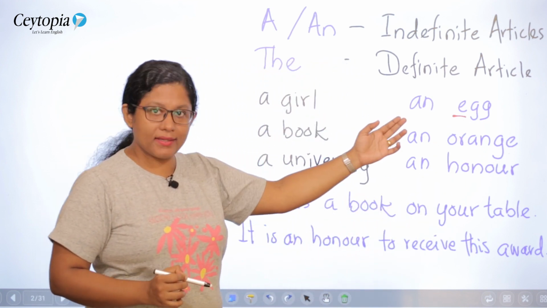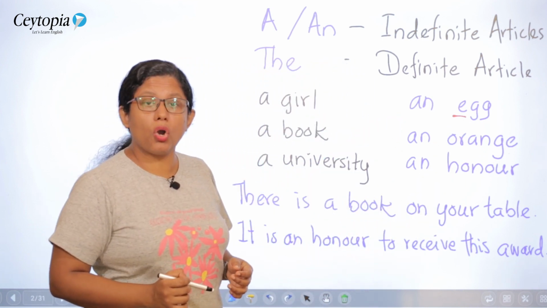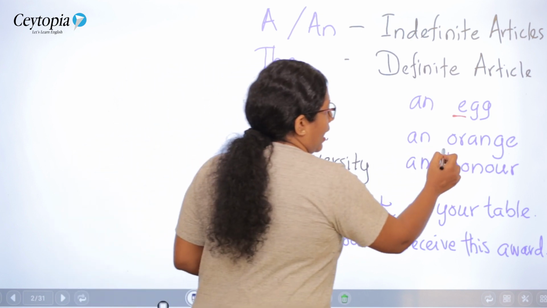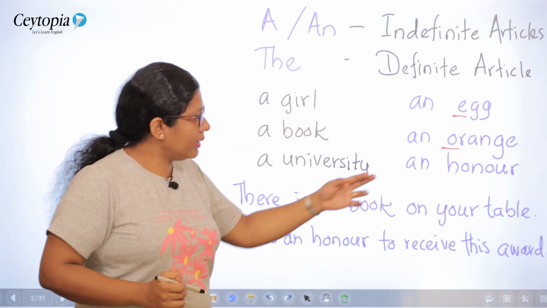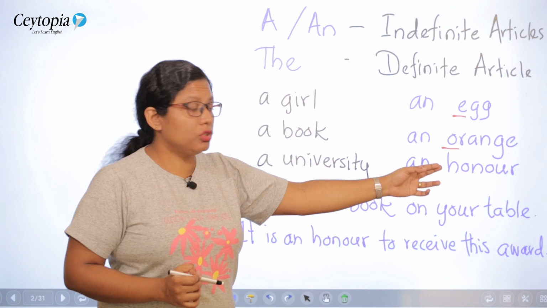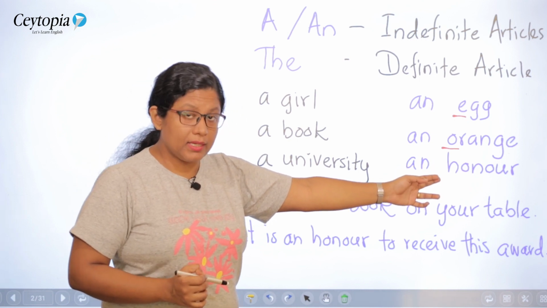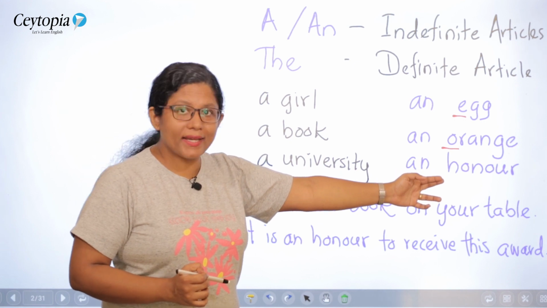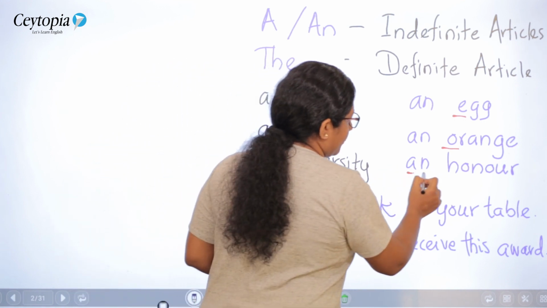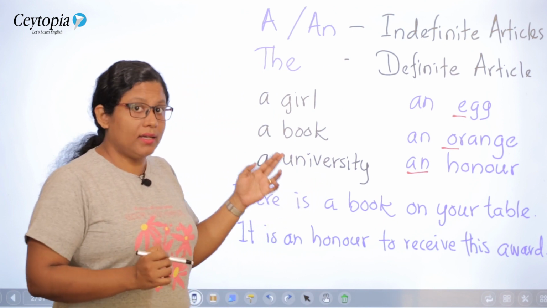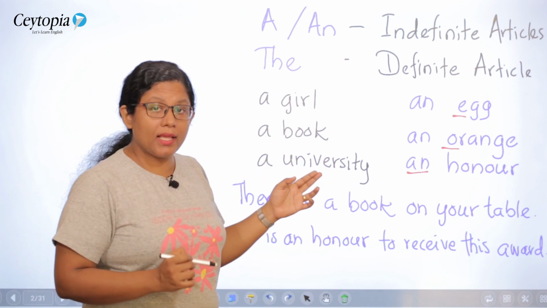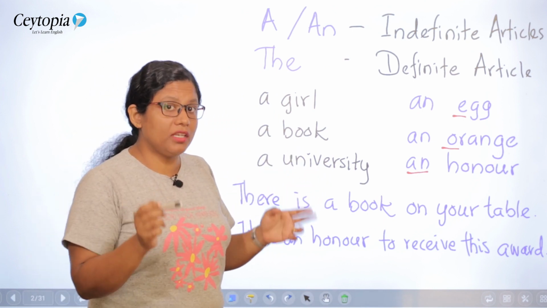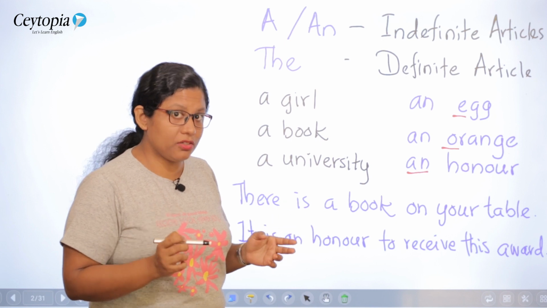Orange, O, vowel sound, an orange. Third example, an honor. Though you have H here, it is silent. You get the sound O, honor. Then you use an.